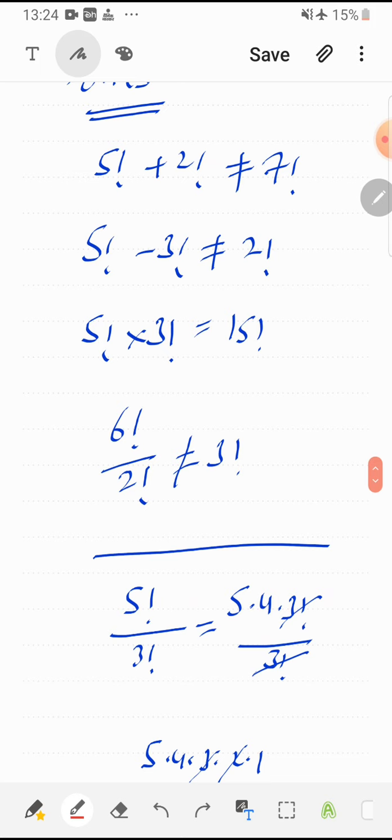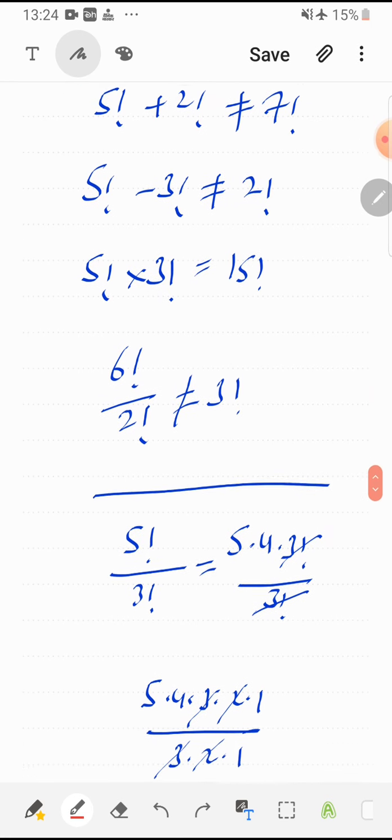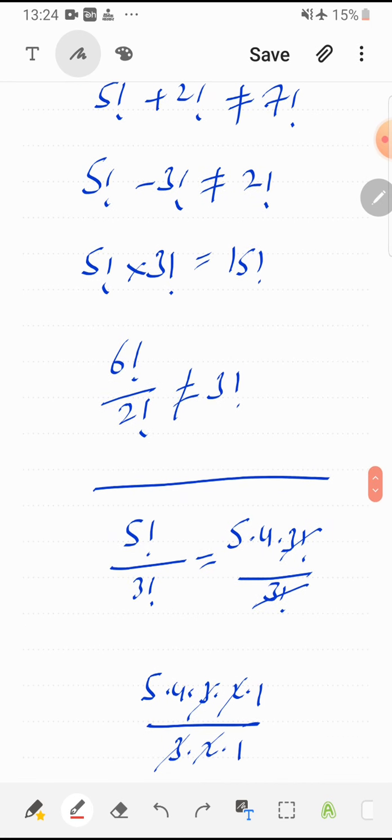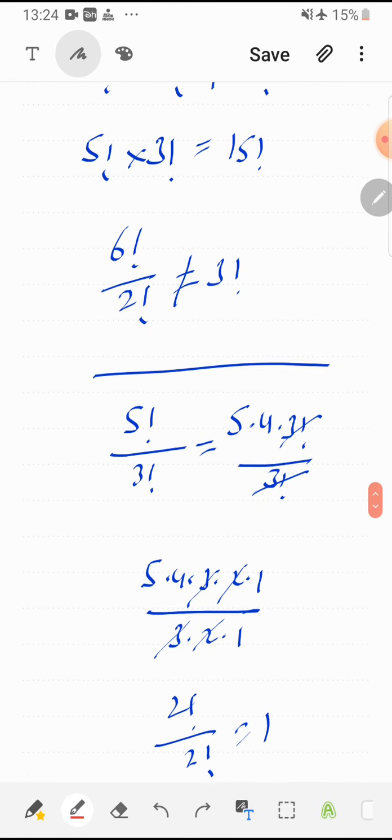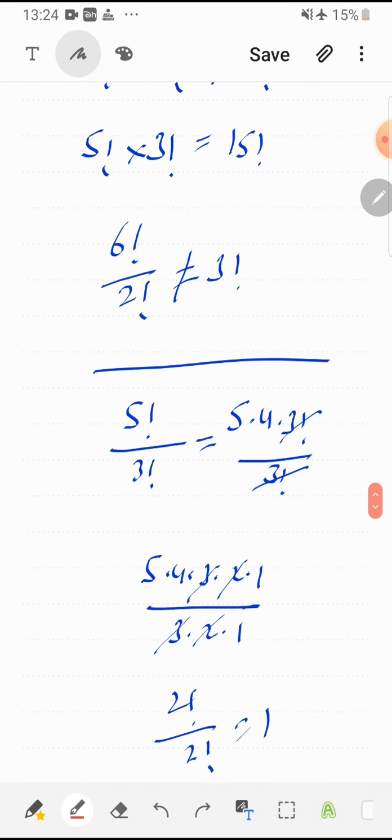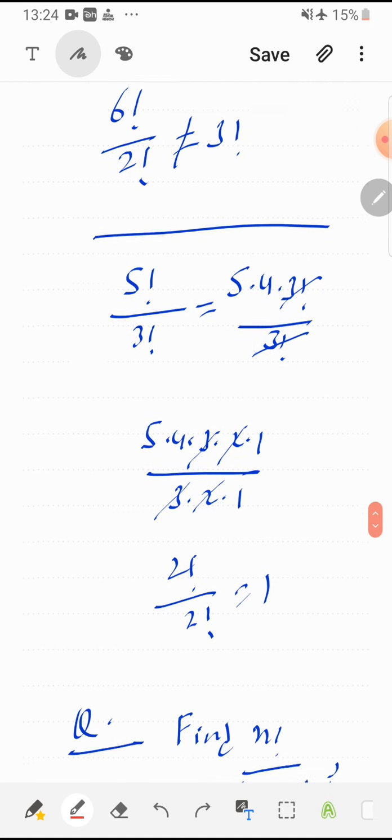However, if we partially expand a factorial like 5 factorial as 5 into 4 into 3 factorial and the denominator is also 3 factorial, then that factor can be cancelled. And if we fully expand a factorial, then whatever factor you can, cancel.